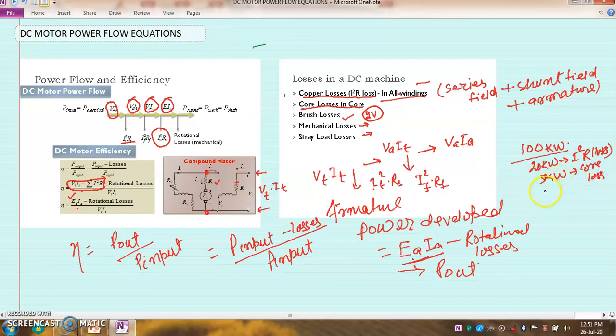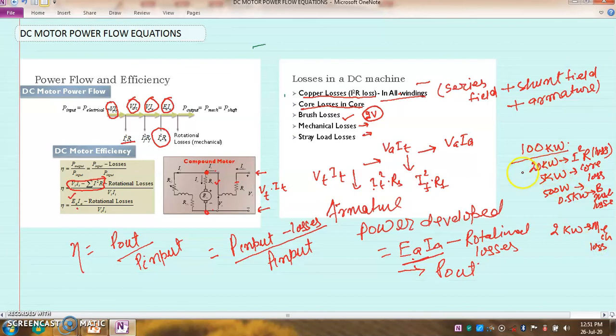Suppose brush losses are 0.5 kilowatt. And suppose 2 kilowatt goes as mechanical losses.